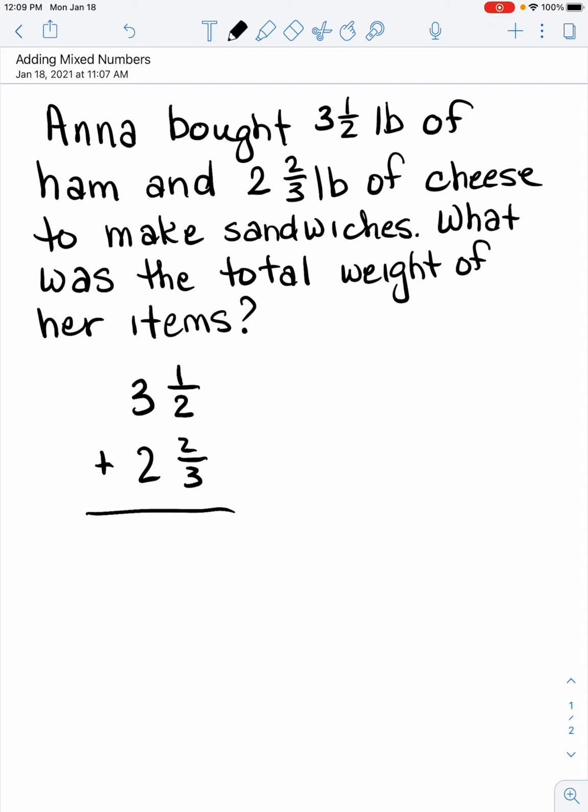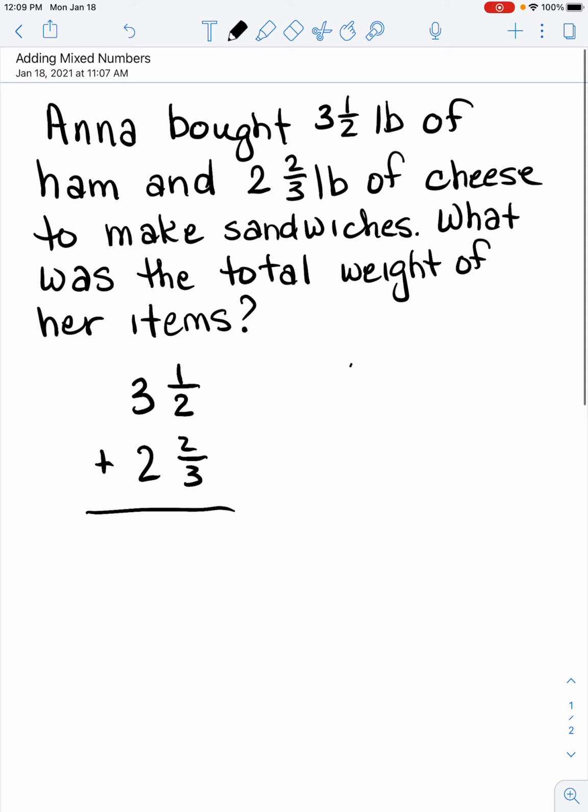A mixed number is the sum of a whole number and a fraction. So when I have a number like 3.5, it's really 3 plus another half. And 2 2/3 is like 2 plus another 2/3.